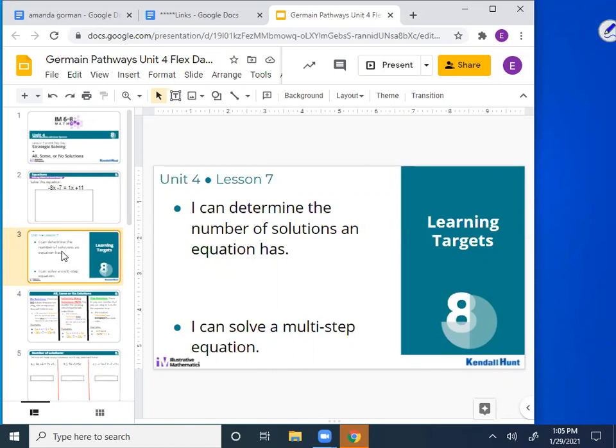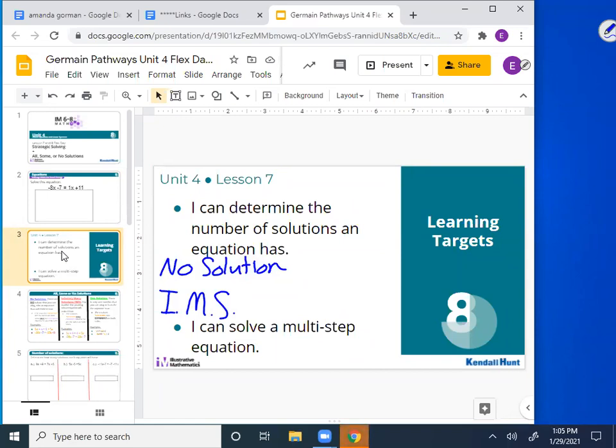Annie, what's another one that we've been talking about? So we could say it has no solutions. How many? Yes, infinite or many solutions. Yes, very good. Infinitely many solutions. Very good, Annie.